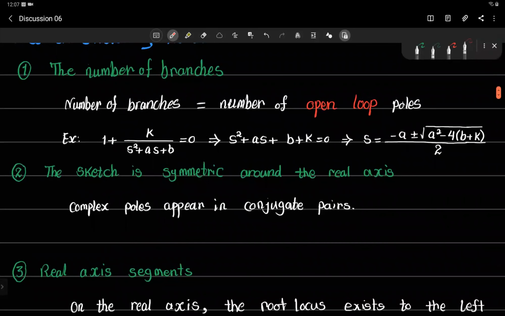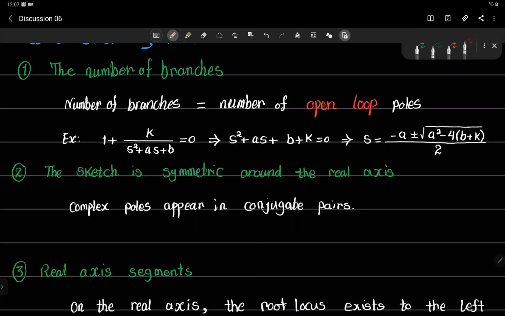As an example, for instance, we have the open loop transfer function 1 over s squared plus as plus b. And then the characteristic equation of the closed loop transfer function will be 1 plus k divided by s squared plus as plus b. So if we multiply by the denominator, we get s squared plus as plus b plus k. And so this is a quadratic equation in s, right?